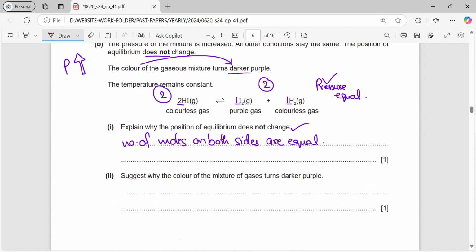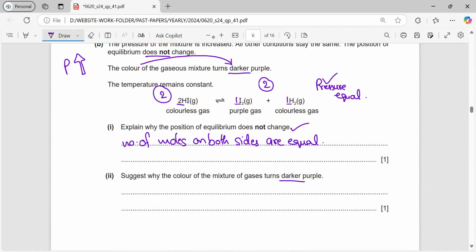After that, suggest why the color of the mixture of gases turns darker purple. Why does it turn dark purple? Because the gas particles come closer to each other and the rate of formation of iodine increases.